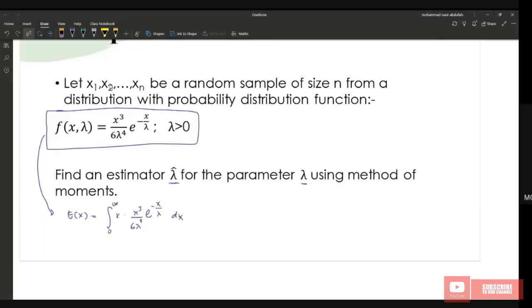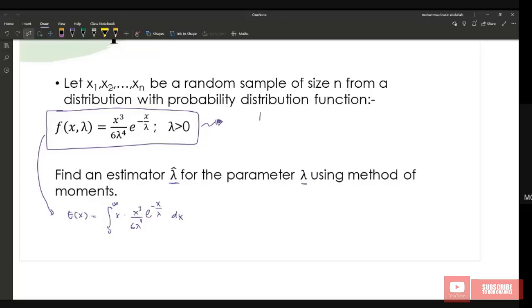So this is going to take you 4 integrations by parts. It's going to be very long, right? So if you can recognize this distribution, let's say we match it with the gamma distribution, we can see the pattern of the distribution.